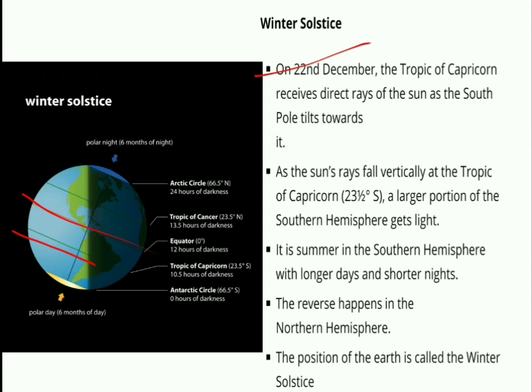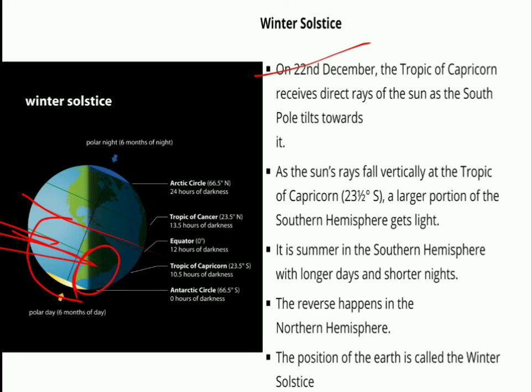So the sun rays fall on this particular latitude, so the latitude receives more rays of the sun. This area becomes hotter during the month of December. The countries located in the southern hemisphere experience the summer season.